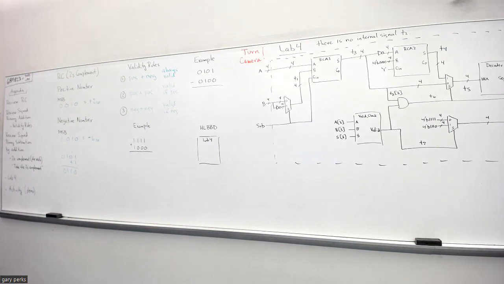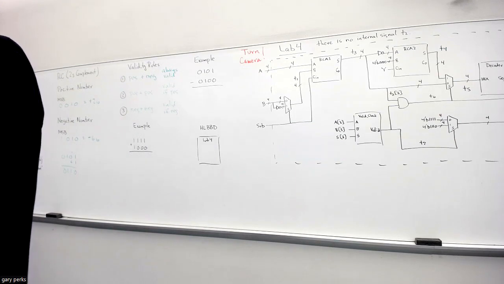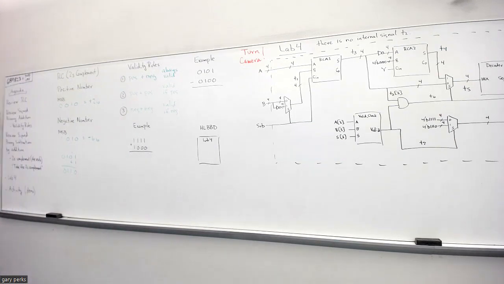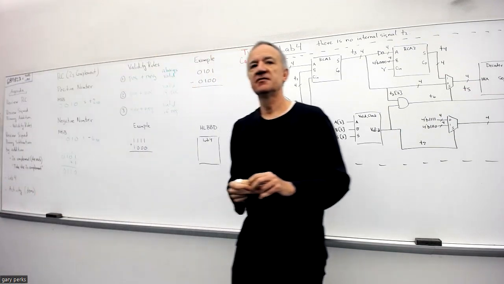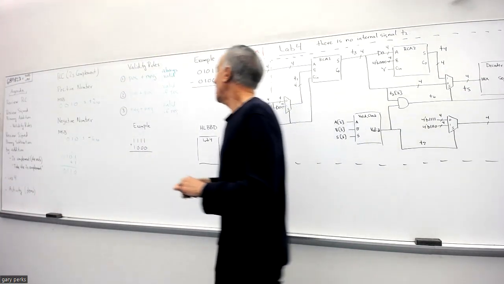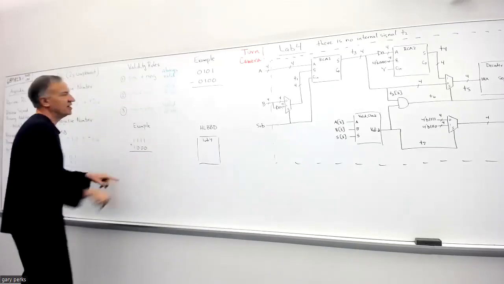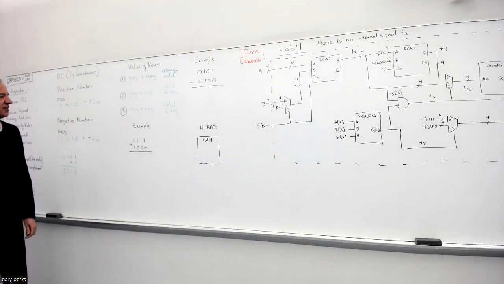What's the most negative number you could get if you have 4-bit 2's complement? What's the most positive? If you got a result that's outside that range, then that's invalid. So there's another way of looking at it. These are the three rules. All right, so let's just do an example here of addition.